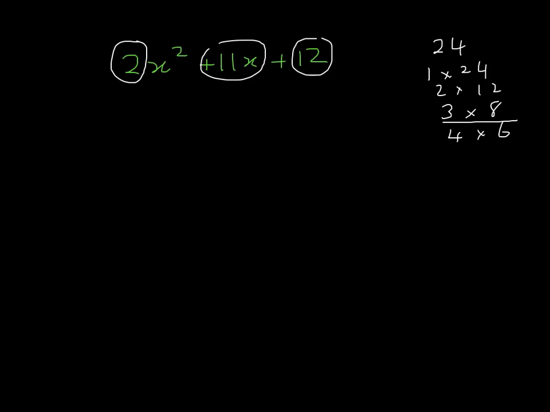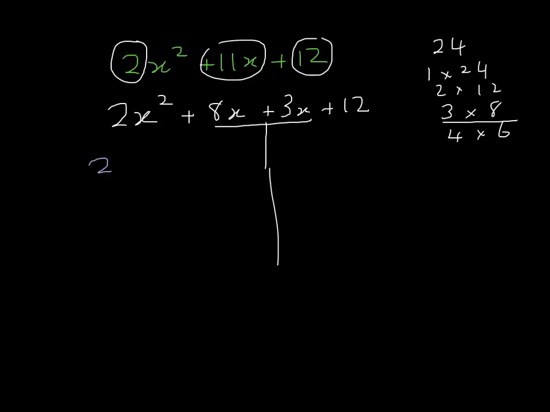Sometimes it's hard to know which way to write them around. 2x squared, let me try it this way, plus 8x plus 3x plus 12. So my 8x and 3x is just the same as my 11x. But I can factorise this in 2 parts here. I can take a 2x out the front of the bracket, and I'm left with an x plus 4.